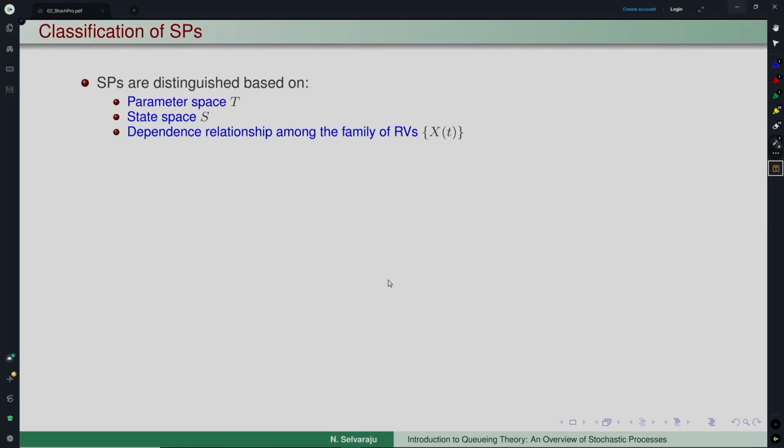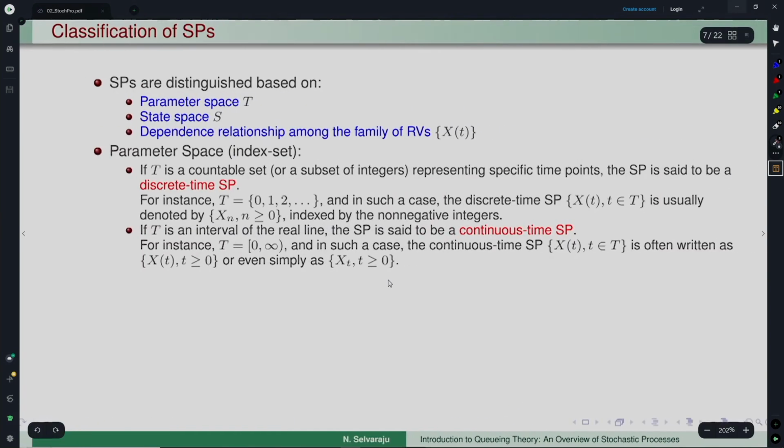They can be classified or distinguished based on the parameter space T, the state space S, and the dependence relationship among the family of random variables, because when you have more than one random variable, they may be related in some sense or be independent. So depending upon the nature of the relationship among the family, one can also classify them. These are the generic ways of classifying.